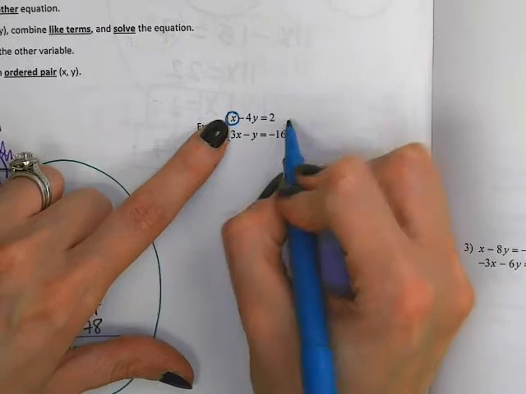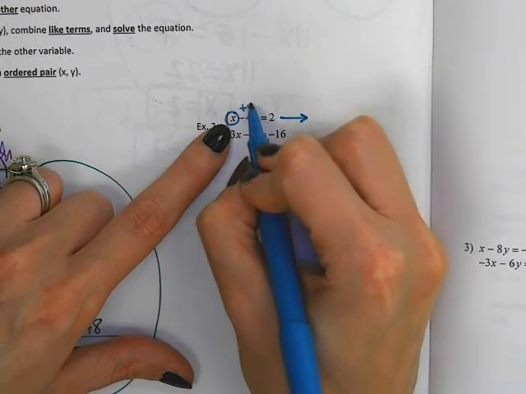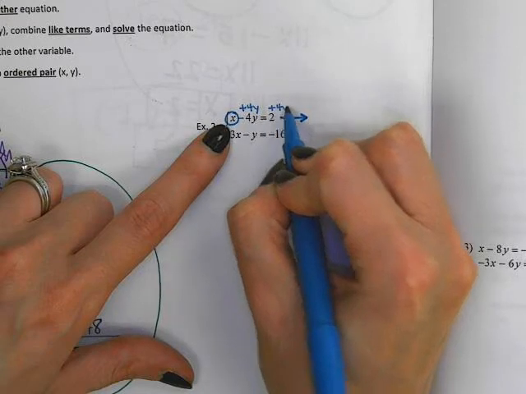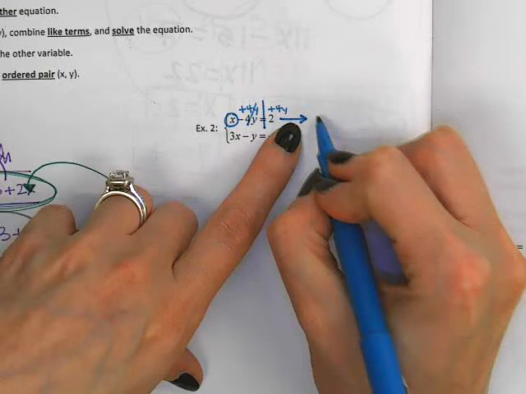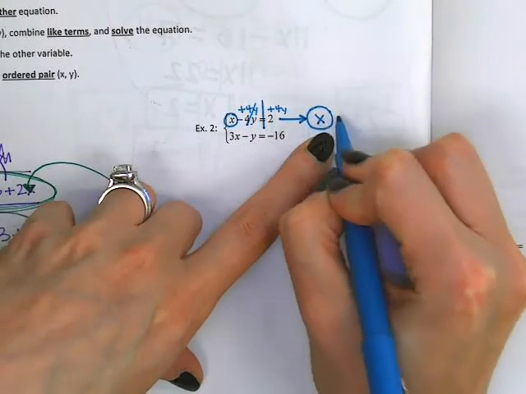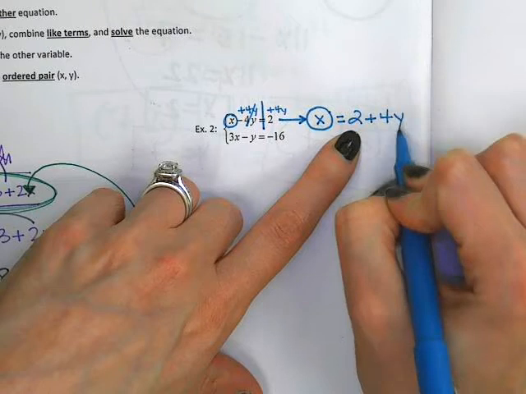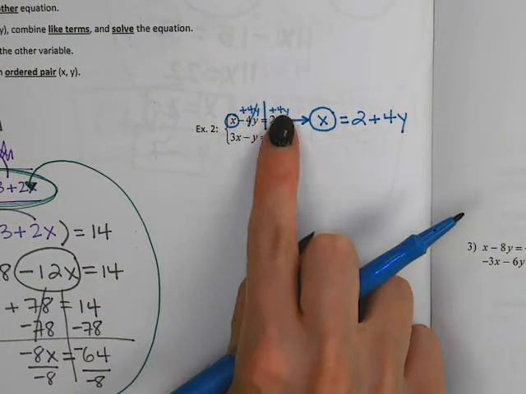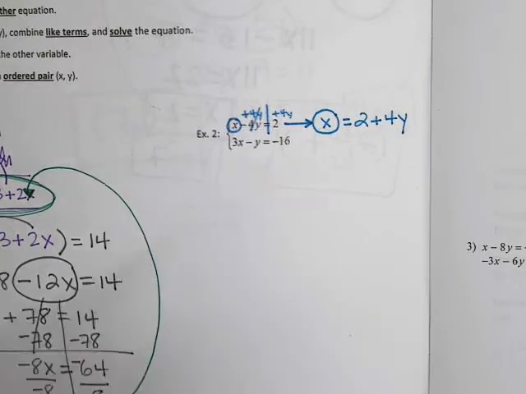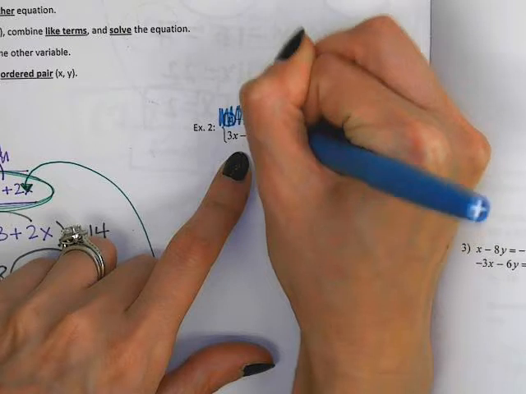Okay, now if you guys want to get x alone, we're going to have to add the 4y to the other side. So then now for x to be alone, x is going to be 2 plus 4y. Does everybody see that? You want to just get x alone, so you have to add the 4y to the other side. And then once you're done, cross all that off.